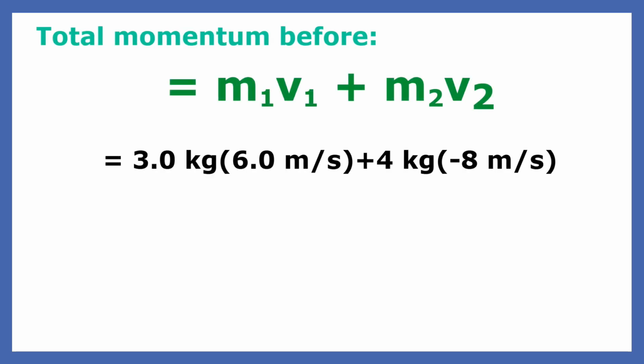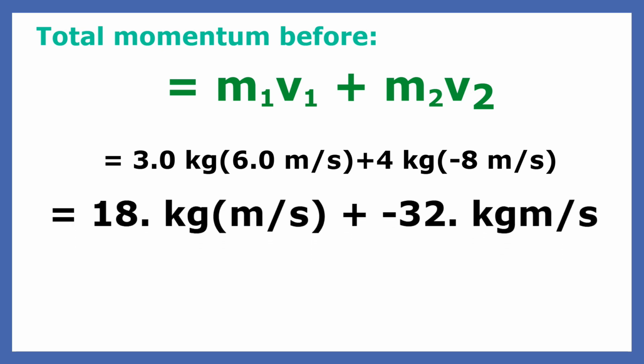Momentum is a vector. Objects moving west are made negative, and objects moving east are positive. Since momentum is the product of mass and velocity, we can calculate the total momentum by summing each object's contributions. The 3 kilogram object has a momentum of 18 kilogram meters per second, and the 4 kilogram object's momentum is negative 32 kilogram meters per second.